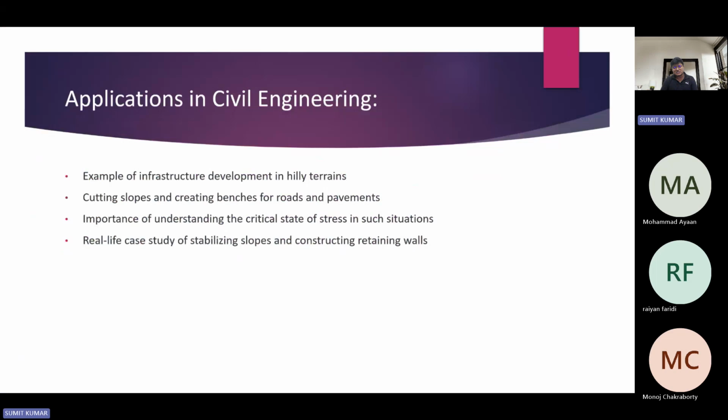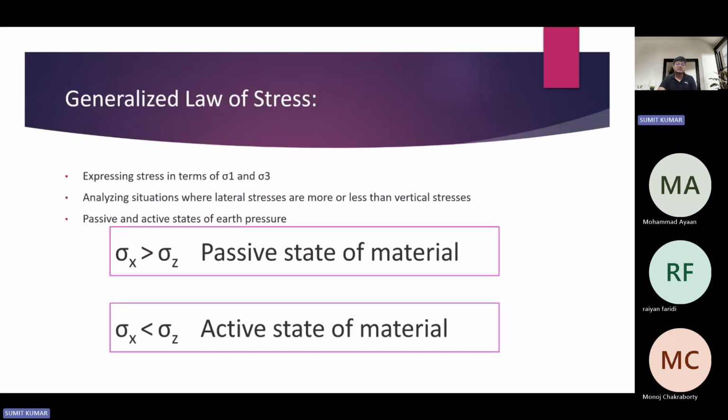It also helps in understanding the critical state of stress and real life case studies of slope stabilization for constructing retaining walls. Now you can see over here some of the most important points, as seen, the sigma 1 and sigma 3 values.